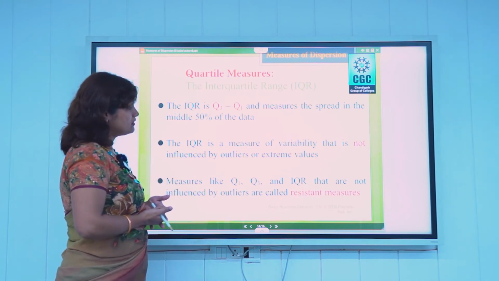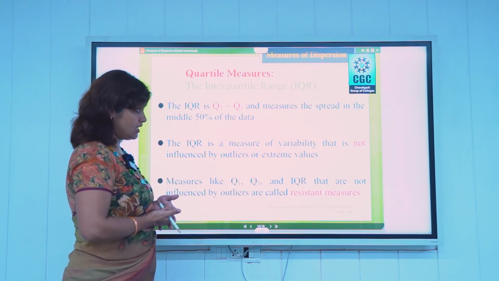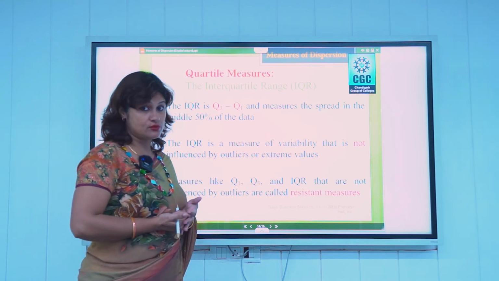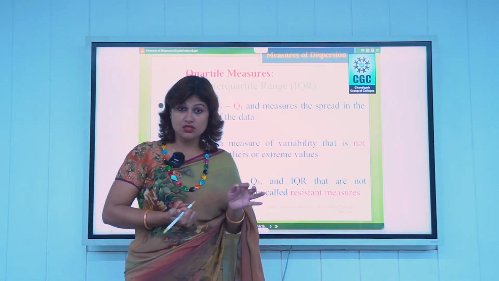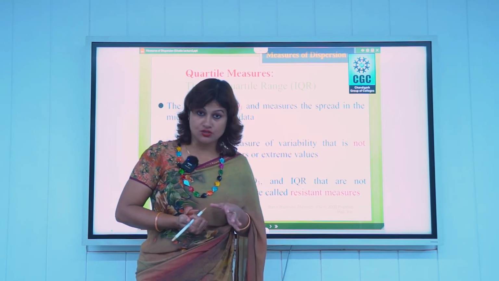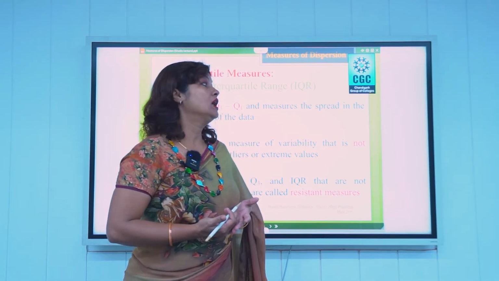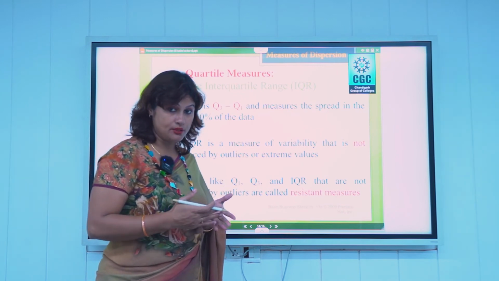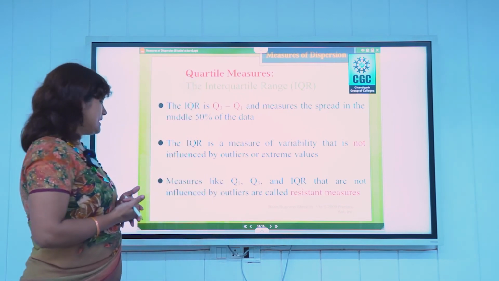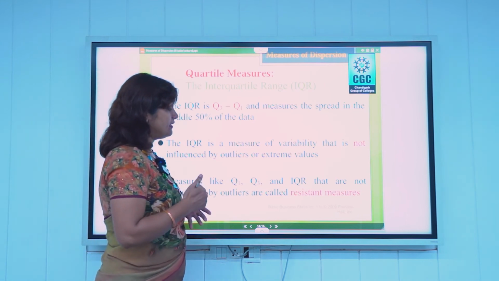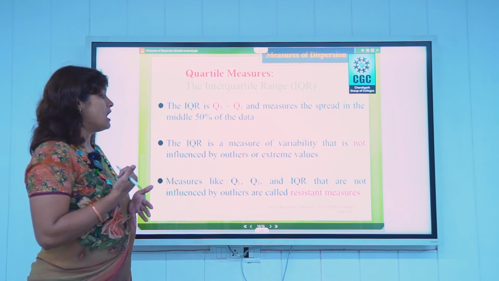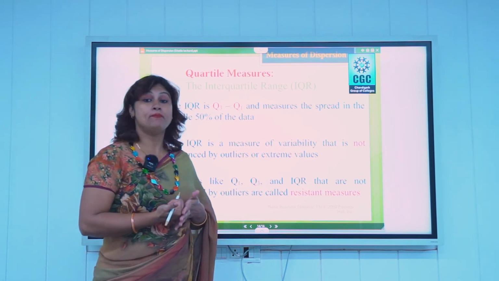The IQR is a measure of variability that is not influenced by outliers or extreme values, as was mentioned in the case of range. That is why quartiles give us better interpretation and better results as compared to range. Measures like Q1, Q3 and IQR that are not influenced by outliers are called resistant measures.